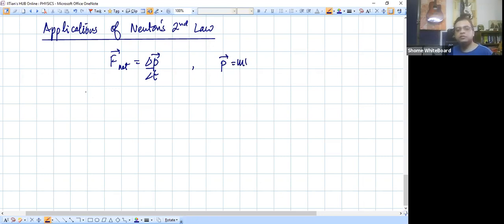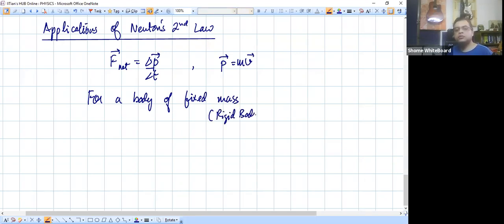However, for a body of fixed mass, like any rigid body, mass being constant implies that rate of change of momentum becomes mass into rate of change of velocity, or it becomes mass into acceleration.